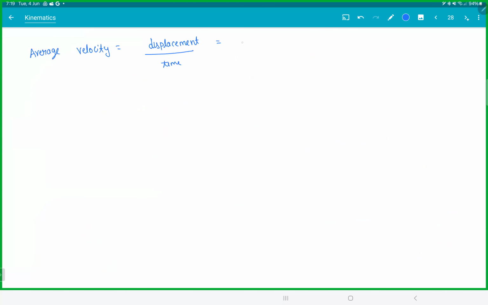So the displacement we just calculated, r(cos theta minus 1) i cap plus r sine theta j cap, by time. Then it is direct substitution, there's nothing more. But if you want the magnitude of average velocity, then this would be 2r sine theta by 2, which we have just calculated, by time. That would be the magnitude.